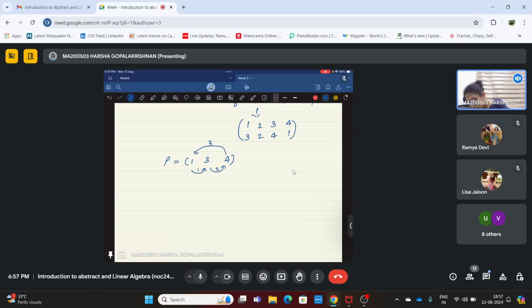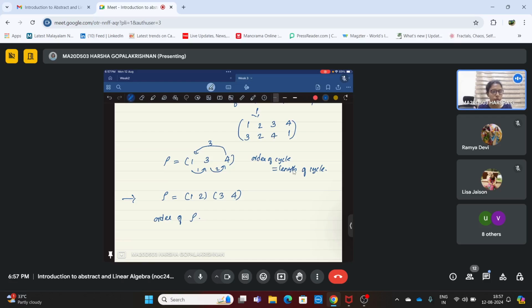Now let me ask one more question. 1, 2, 3, 4. What is the order of this row? Here the order of a cycle is the length of the cycle, but this is not a cycle, correct?